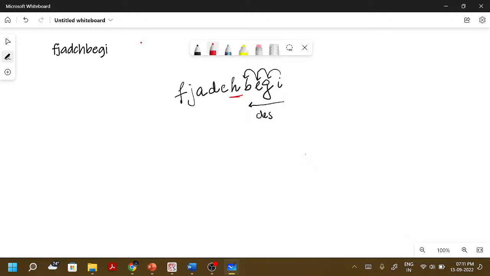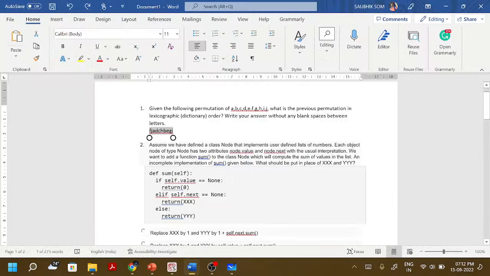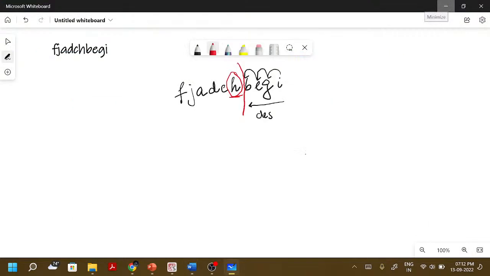Now we have to replace this H with something. What is the something here? From the right side of the H, we have to check which is the largest alphabet just before H. Just one second, I'll check this once. Yes, correct.